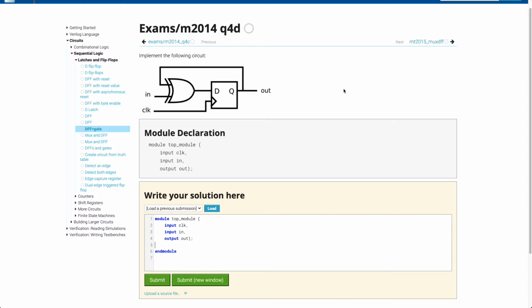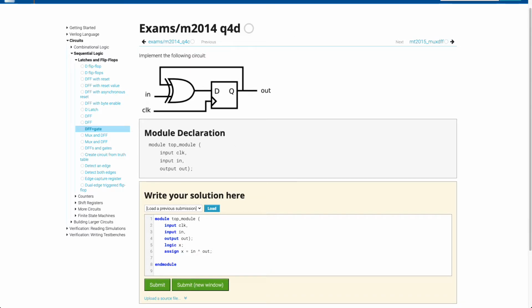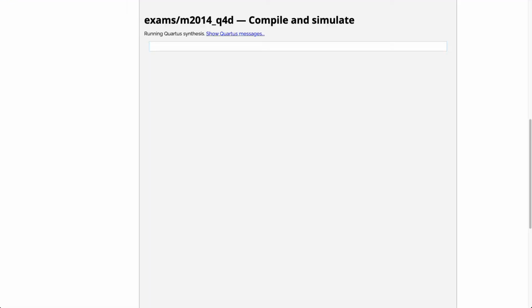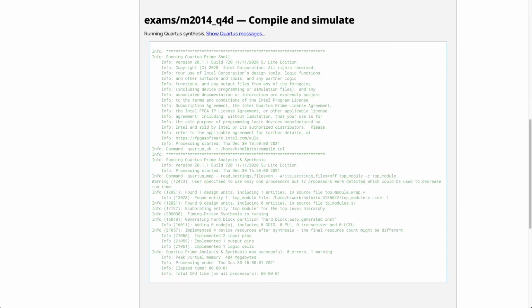So in XOR with this out net, and then also, that was pretty cool.